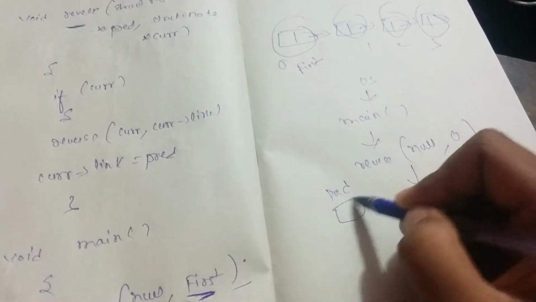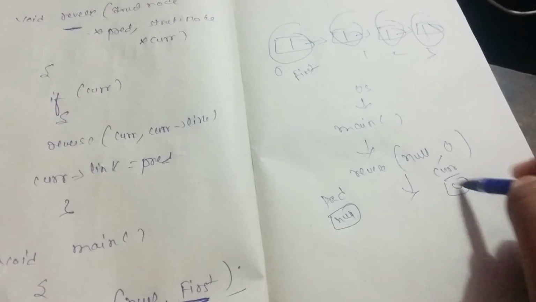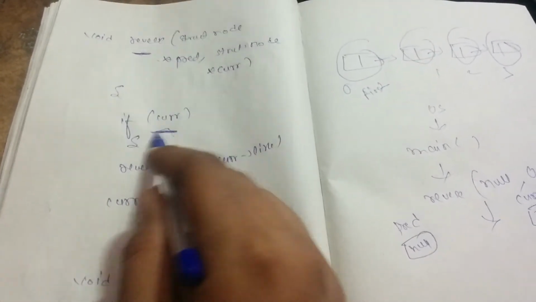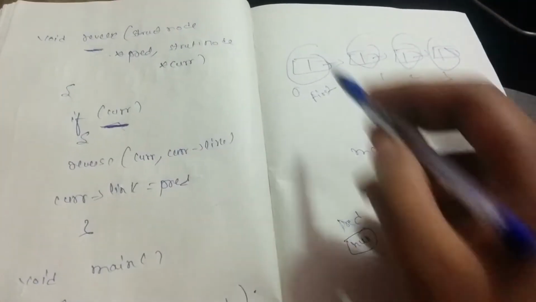What's happening here? In the predecessor node the value is null, and in the current node the address is 0. After this we are checking if current is not equal to null, meaning the current node is still there.